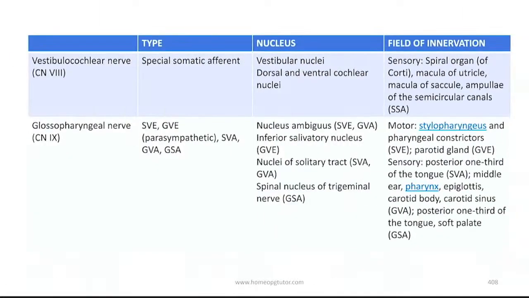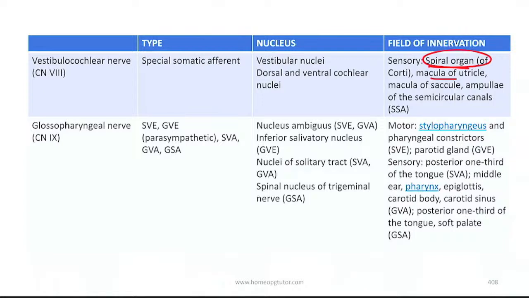Then coming to vestibulocochlear nerve. Vestibulocochlear nerve is for special sensation, the sensation of hearing, and the field of innervation is the spiral organ, organ of Corti, or macula of utricle. All these things you'll learn when we talk about the ear.